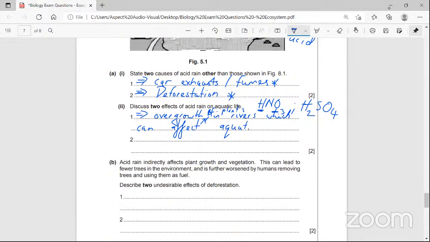Are we together? What else? Yes, it lowers the pH of the water. So what happens? It's more acidic.